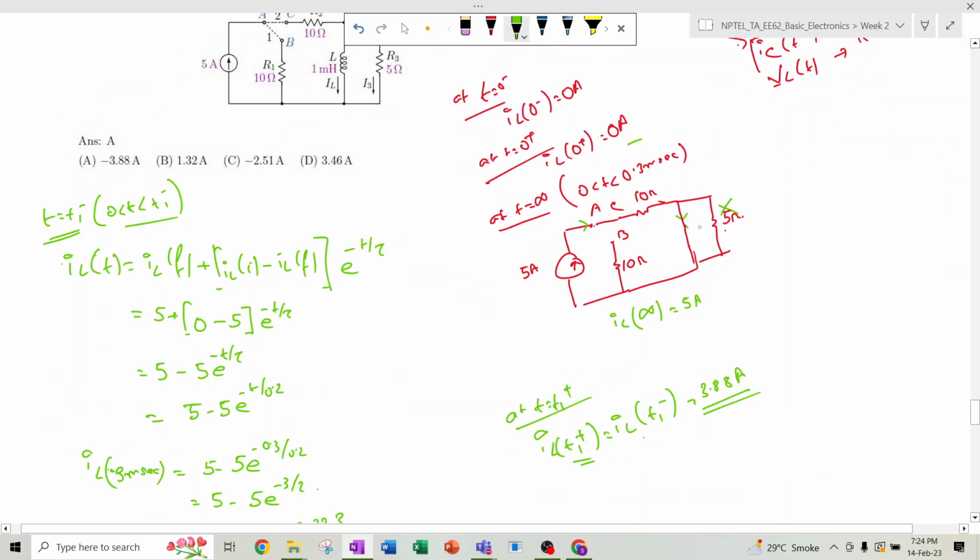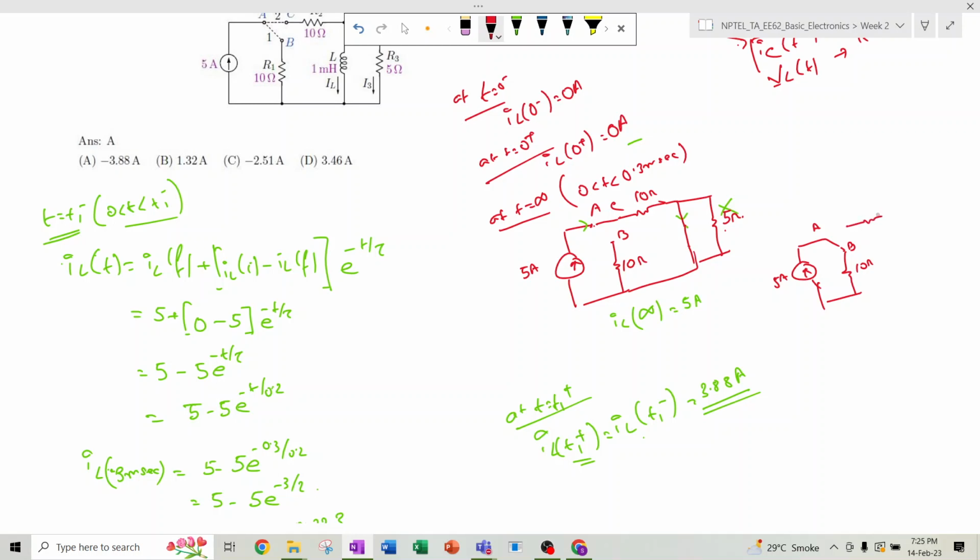So the circuit becomes 5 ampere, and again these two are connected, A and B. This is 10 ohm and this is the 10 ohm, and here it has the L inductor which is 1 millihenry, and here we have 5 ohm.